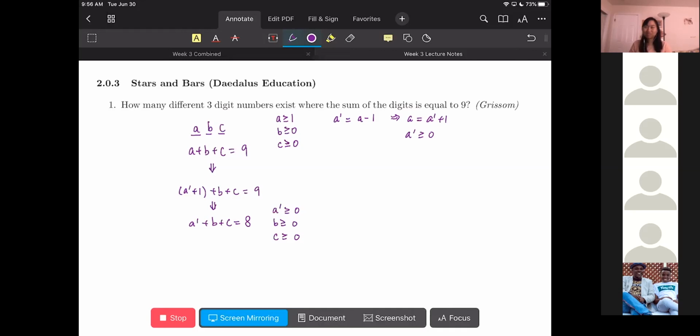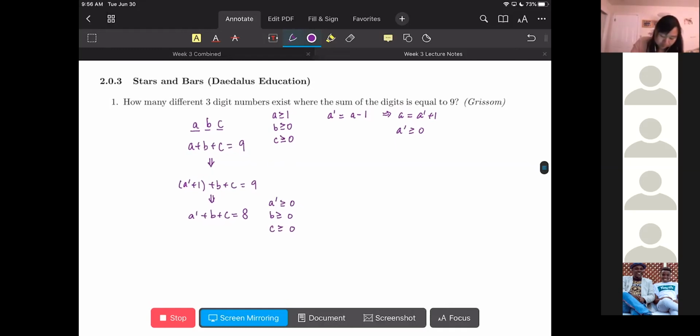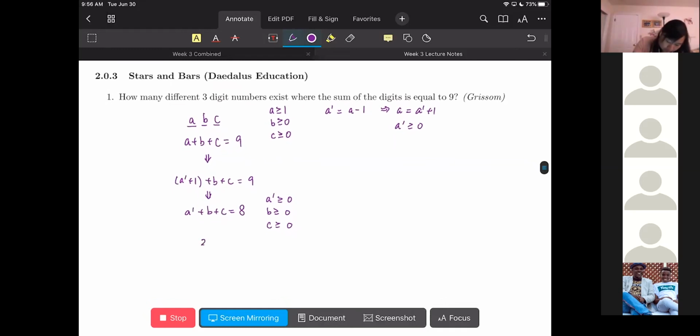So this one we can now use stars and bars. There will be 2 bars and then 8 stars. So 10 choose 8, or 10 choose 2, and that will give us the total number with zeros included.